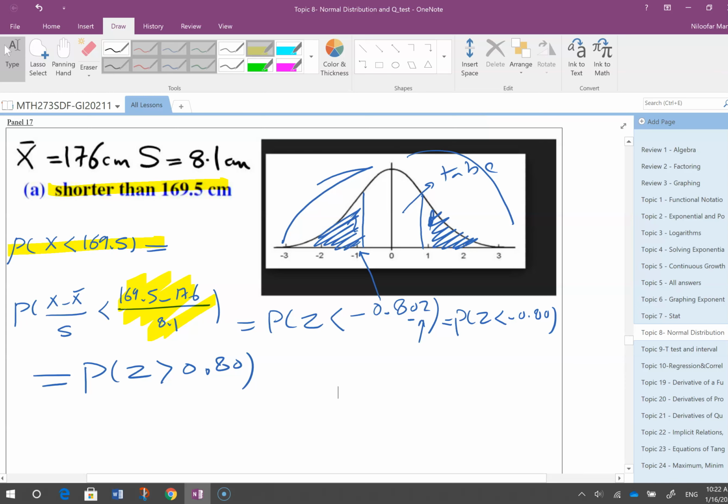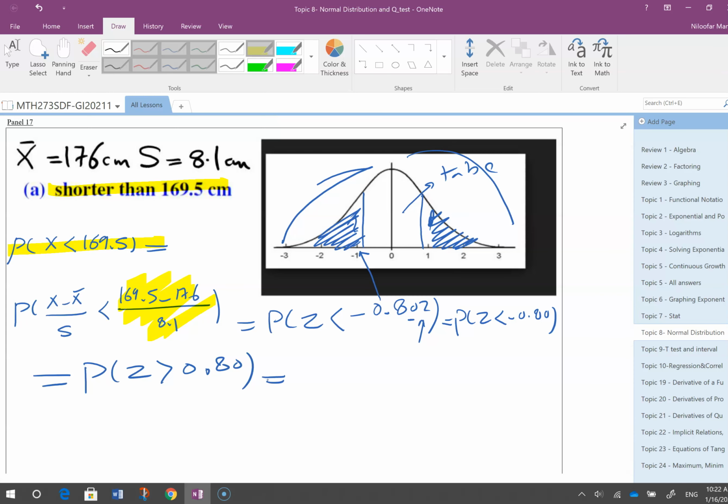I have this part. See, the whole probability is 1. The whole part is 1. So when what is happening on the left is happening on the right, it means half is left, half is right.